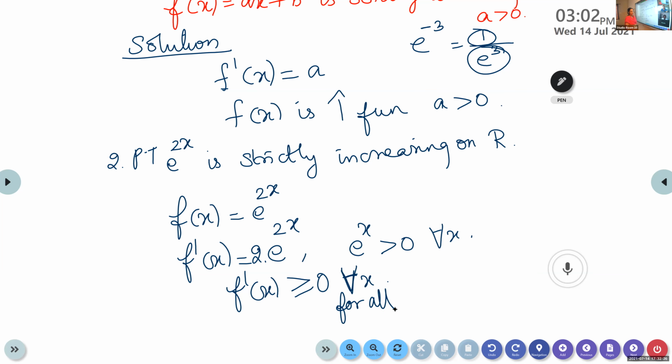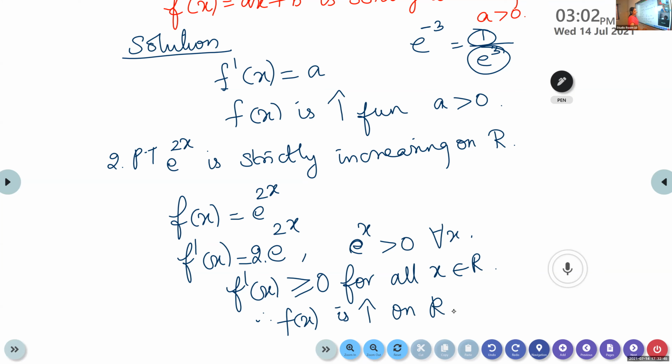For all values of x, it is greater than 0, for all x in R. Therefore, f of x is an increasing function on R, strictly increasing function. Whatever is asked, accordingly you conclude it. If it is strictly increasing, write it as strictly increasing.